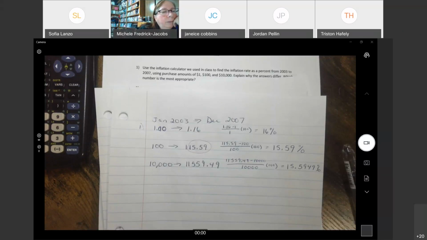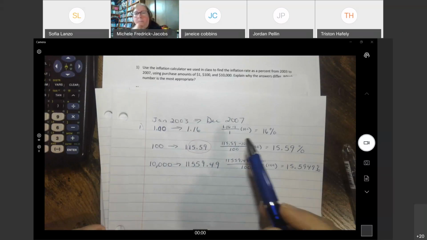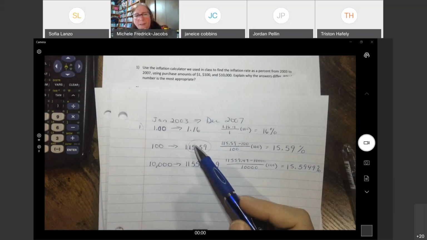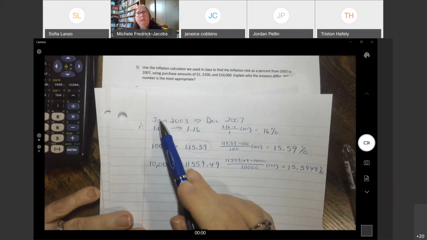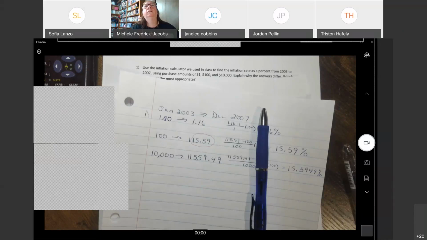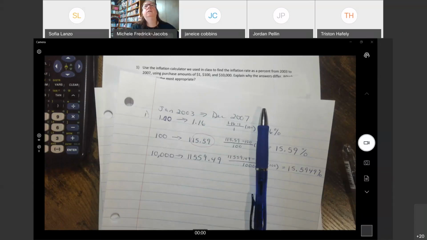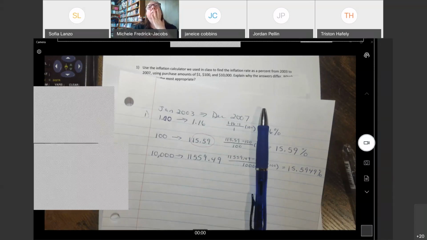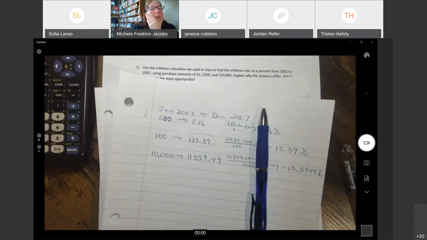I got 13.3. Were you getting 13 here then? If you use different months, that could have happened. I was just checking, if you use the January, you should get a what?